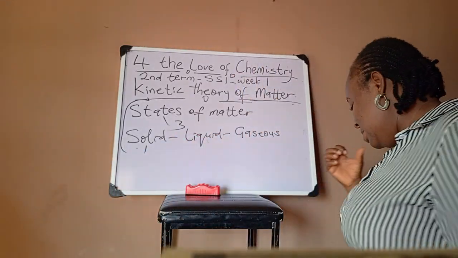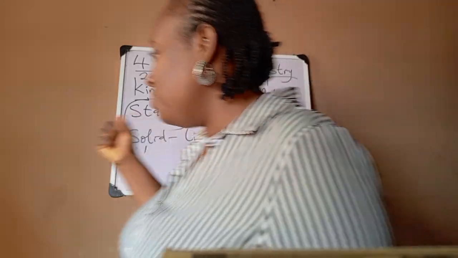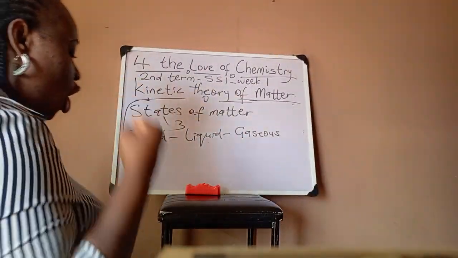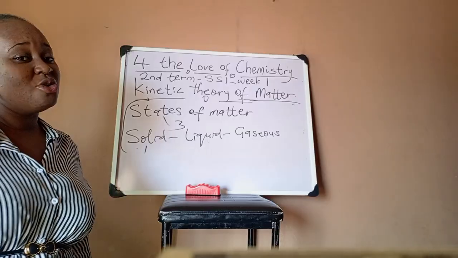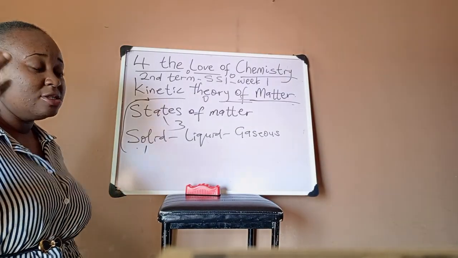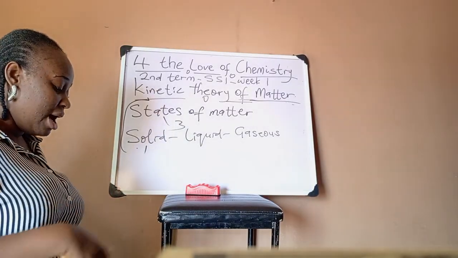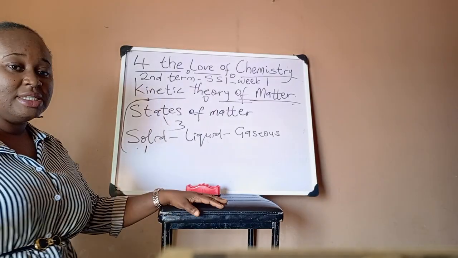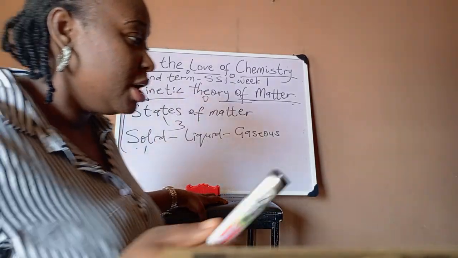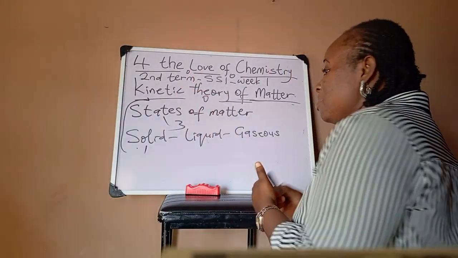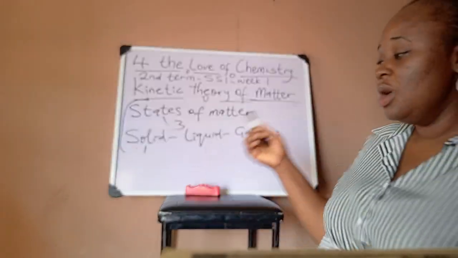And these solids are formed by various chemical combinations. Of course, in your first term, you must have studied chemical combinations. You have electrovalent combination in which there is a metal and a non-metal coming together to give you a solid.